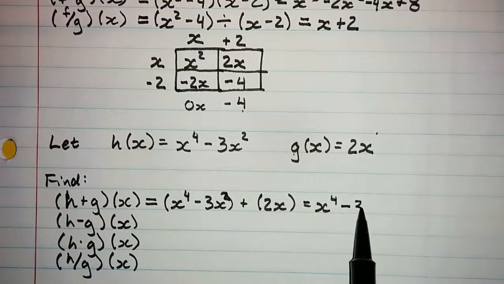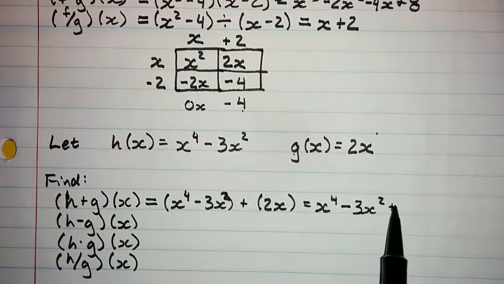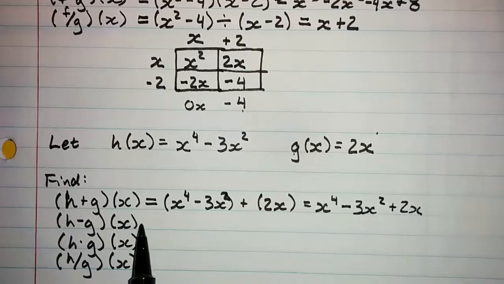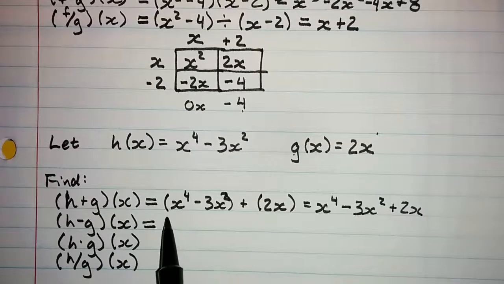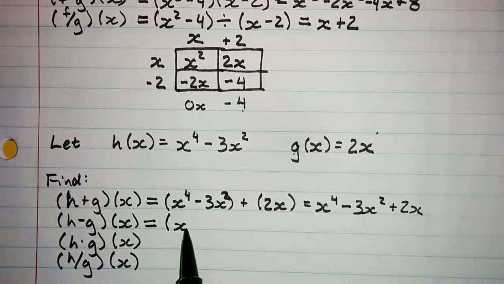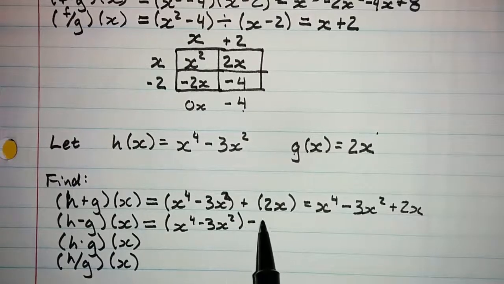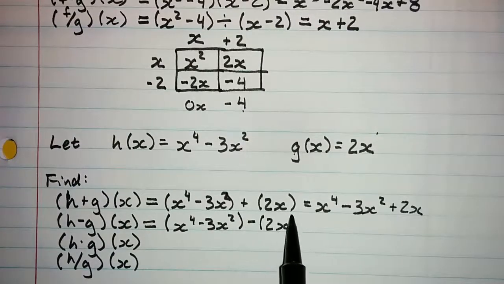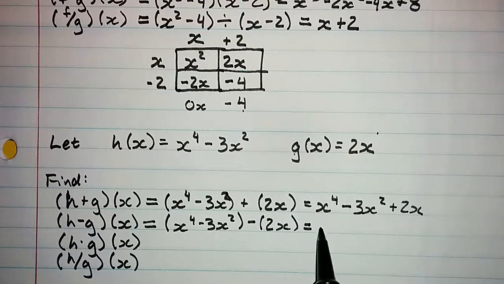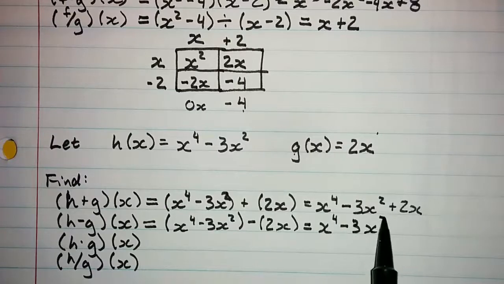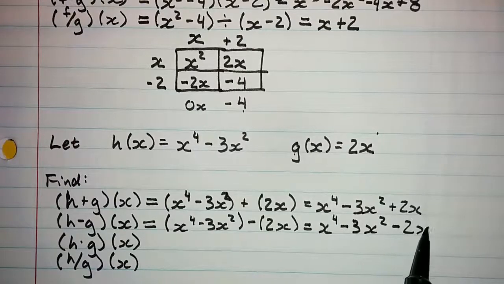X to the 4th minus 3x squared plus 2x. H minus g, well, I'll have x to the 4th minus 3x squared minus 2x.